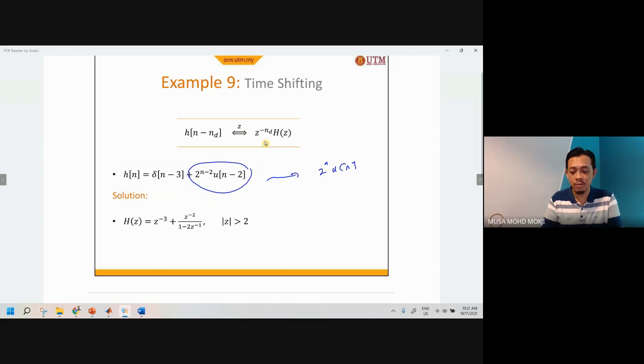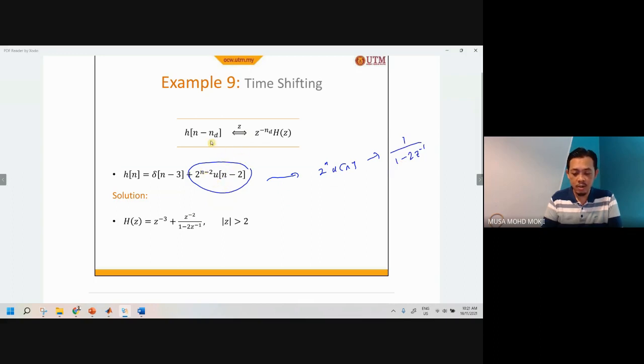So we combine both. If there is no delay, we already know that this is just 1 over 1 minus 2z to the power of minus 1. Okay, so this is what we have. But because there is a delay, how do we know it has a delay?